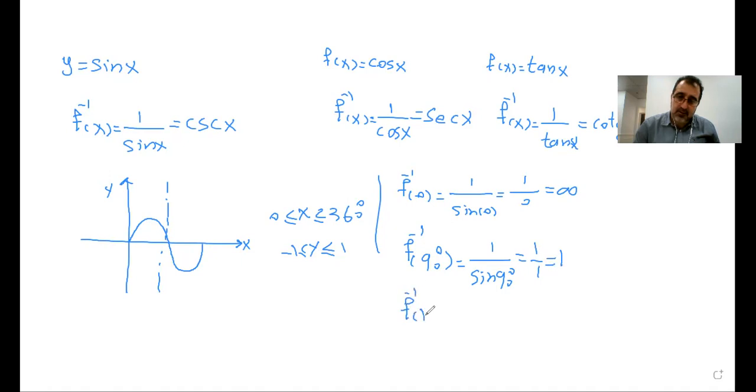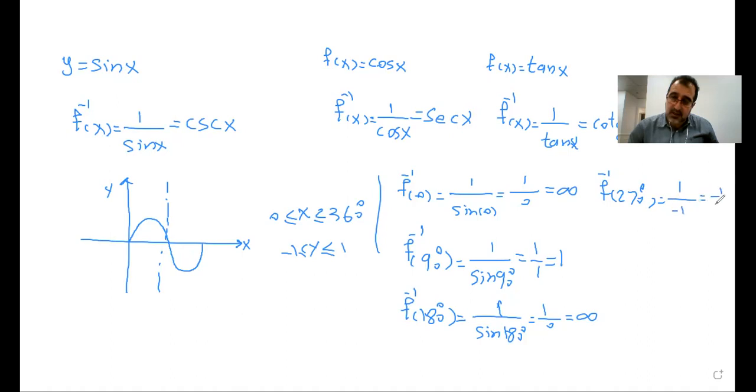For 180 degrees, 1 over sine 180 degrees, again 1 over 0, undefined. For 270 degrees, 1 over negative 1, and for 360 degrees, again 1 over 0 is undefined. We apply this detailed information to sketch the graph of cosecant x properly.